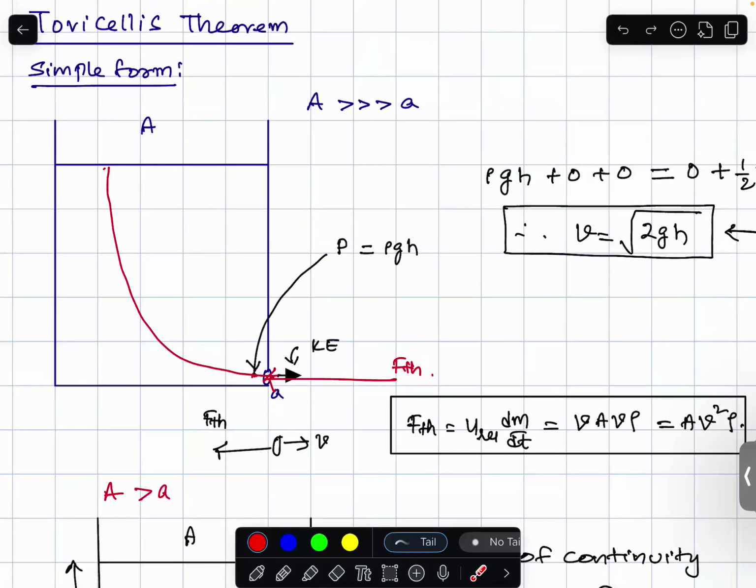In the simple form of Torricelli's theorem, what you will have is a container with a small hole. This area of cross section is much higher than the hole which I have created. Now you take one fluid element which is flowing along this path. This is called a streamline.